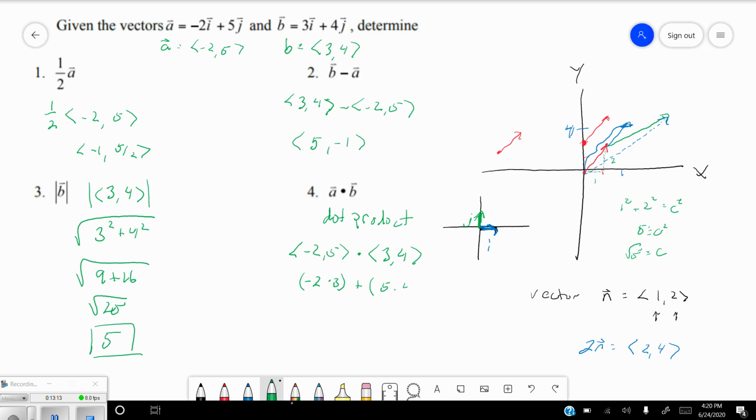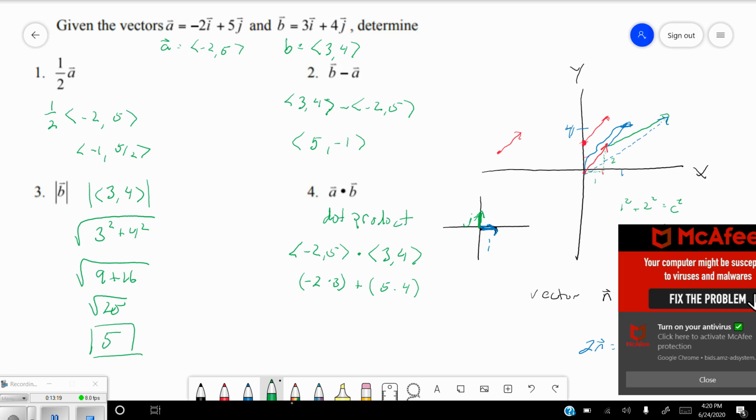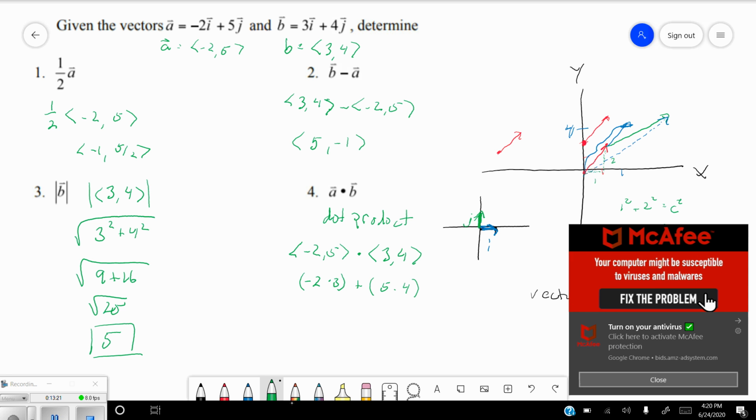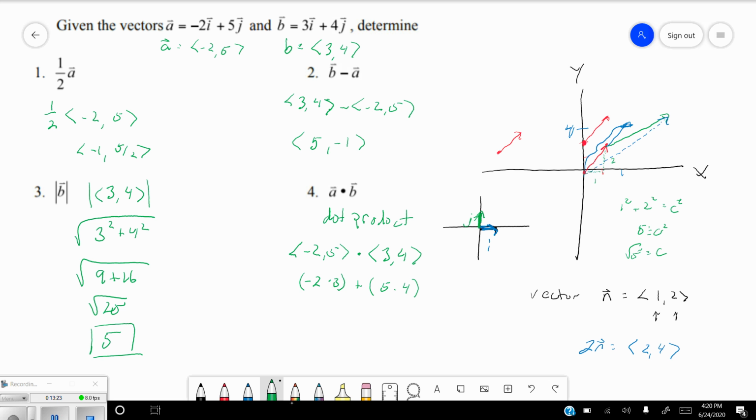What you'll notice is we just took two vectors and did some kind of multiplication, and we're going to get a number out of this. We get negative 6 out of the first one, and 20 out of the second one. When we add those together, we get 14.